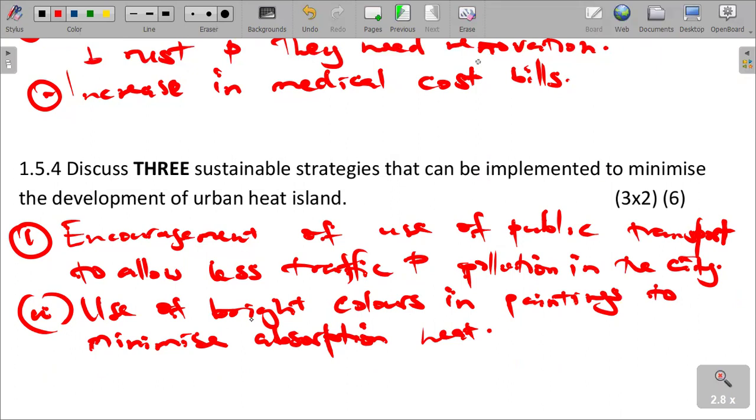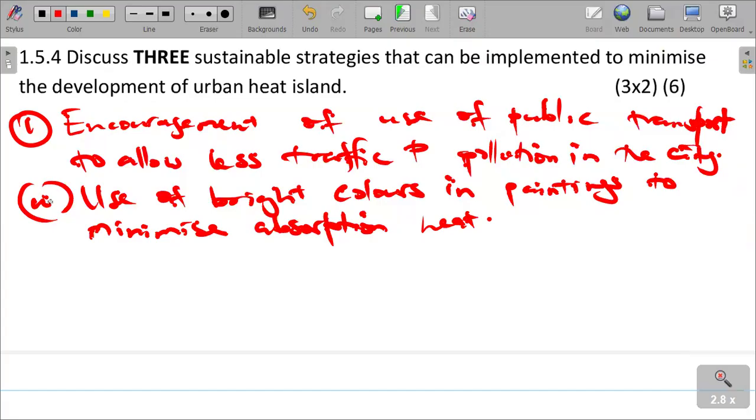We can also talk about decentralization of industries, which can also work there.